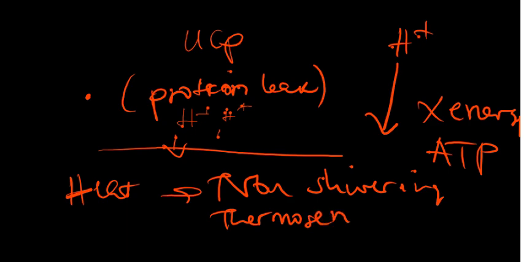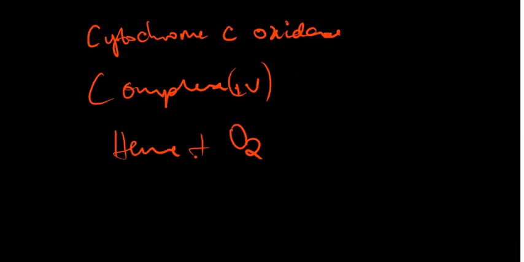Okay, so this means protons are being transferred via the inner mitochondrial membrane, right? But as they are being transferred, energy is not being captured. Okay, and as they pass, they release heat. So the uncoupling protein one is called thermogenin.